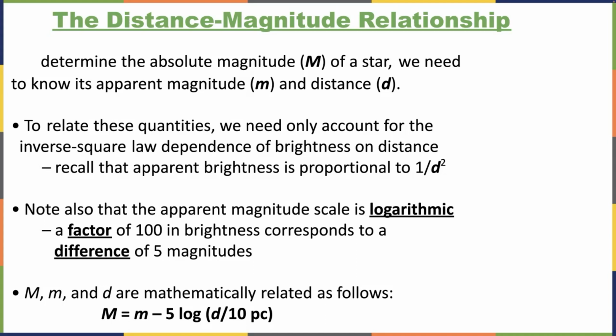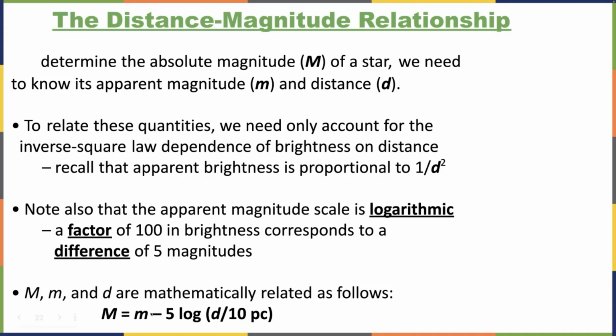So by combining all this information, you can write the mathematical relationship between the apparent magnitude and the absolute magnitude in this way, right? Capital M equals small m minus 5 log of d over 10 parsecs.